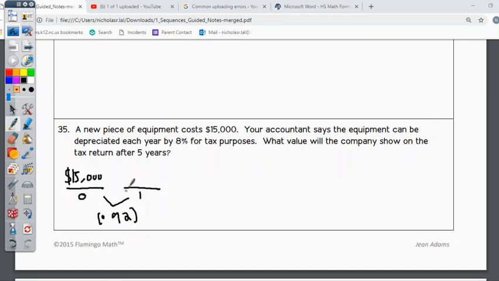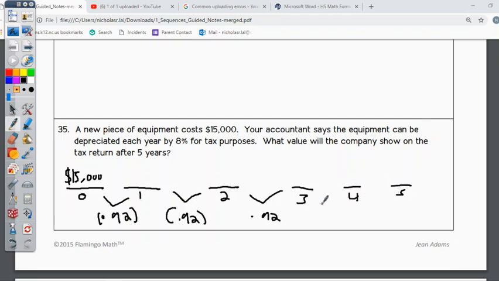You multiply by 0.92 to get to year 1, then multiply your year 1 value by 0.92 to get to year 2, and again to get to year 3, year 4, year 5. Each time you're multiplying by 0.92.